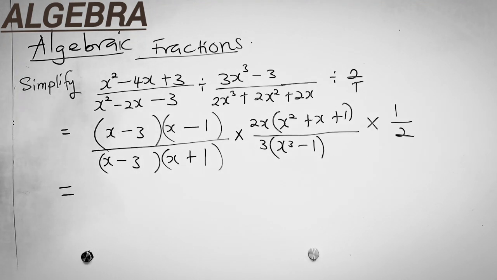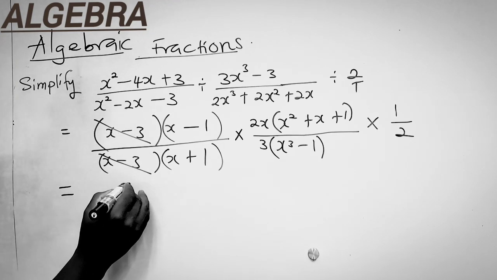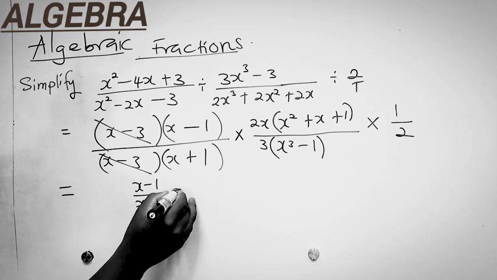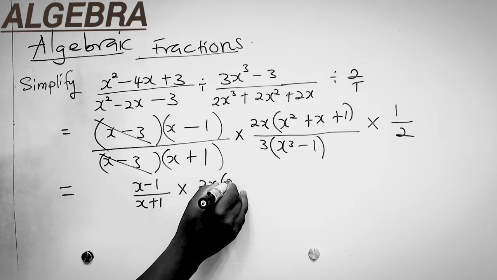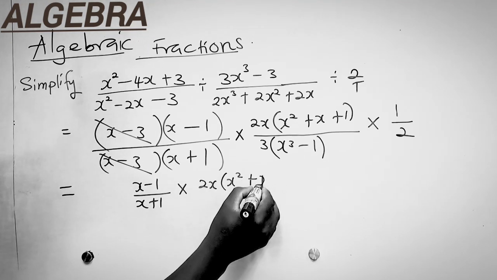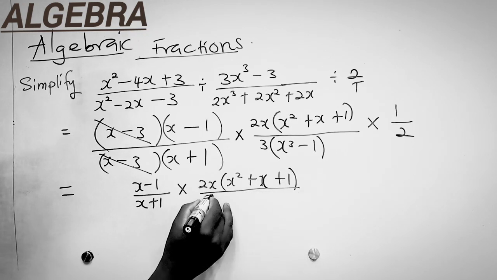Then we check some of the terms that can cancel each other. This one can cancel. So we're left with x minus 1 over x plus 1 multiplied by 2x, open bracket, x squared plus x plus 1 over 3.